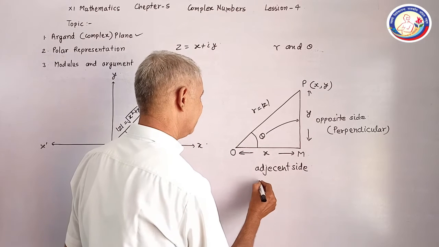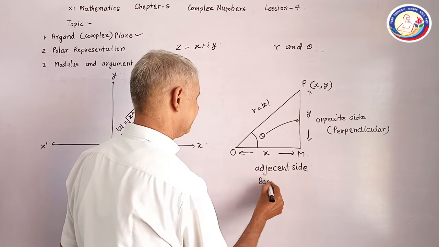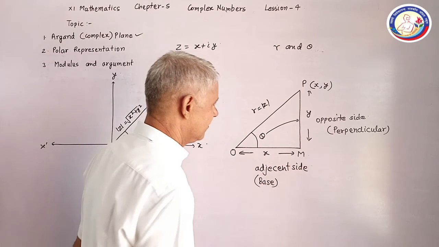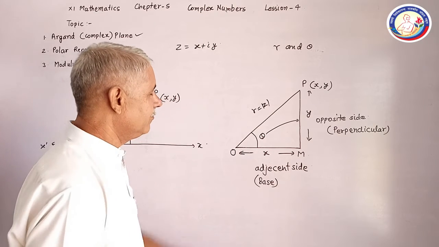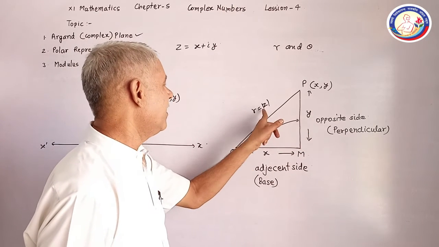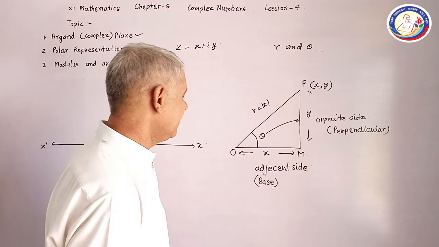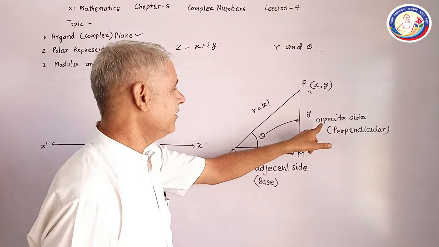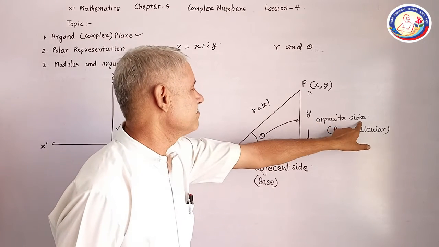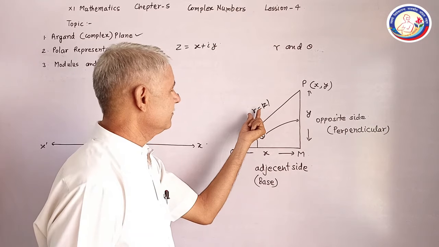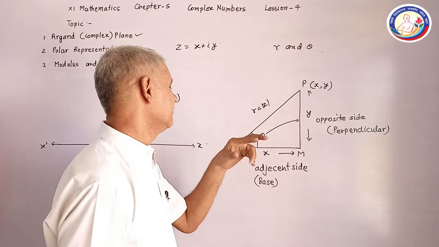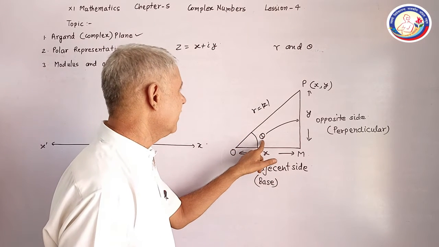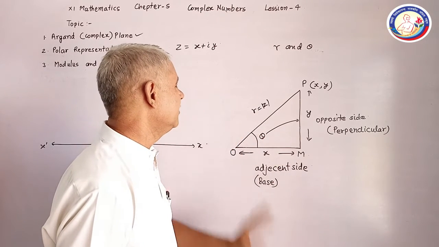In other words, we call it base. So we want to express y in terms of r and theta. By trigonometrical functions, what is the relation between the opposite side and hypotenuse when this angle POM is theta?